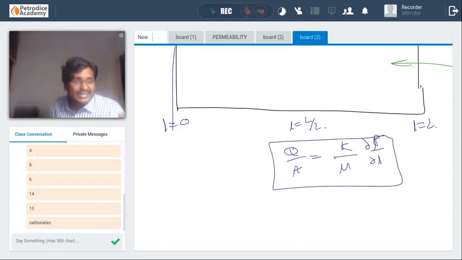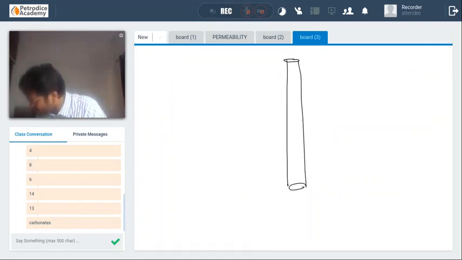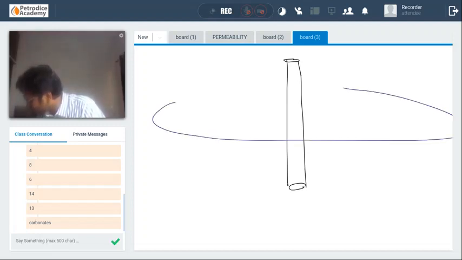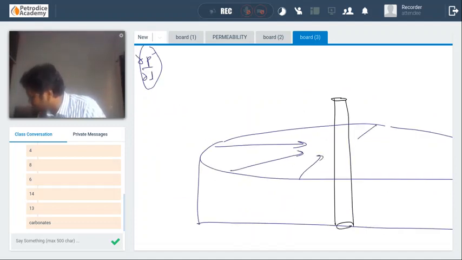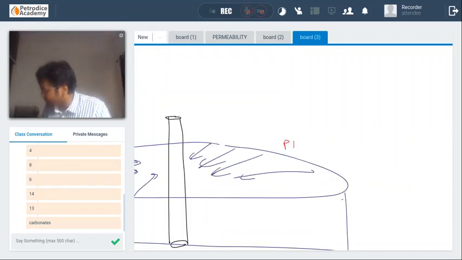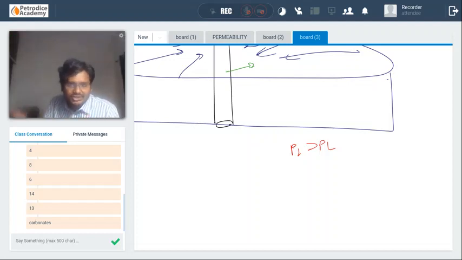The best example where we do not use the negative sign is a well in a reservoir. Consider a well. The fluids are flowing toward this well. P1 is greater than P2, and we are measuring from the well end. So as the length increases, the pressure increases.